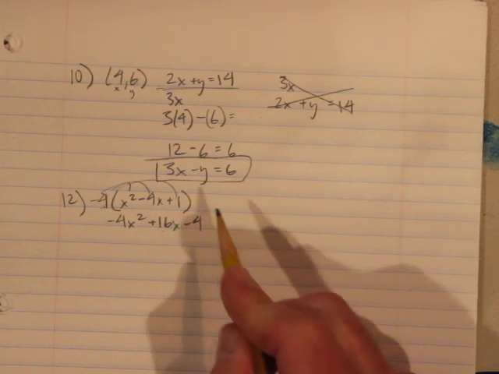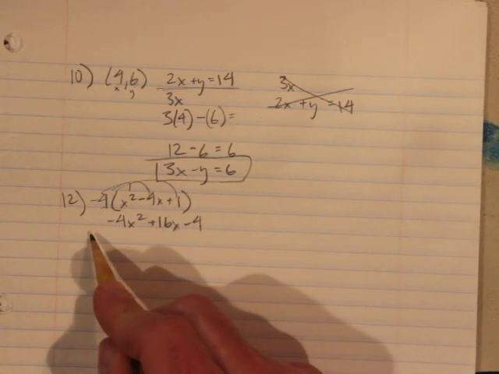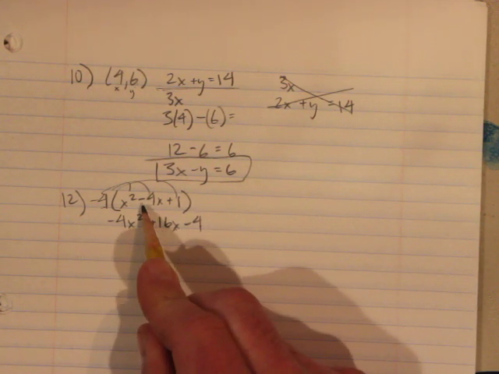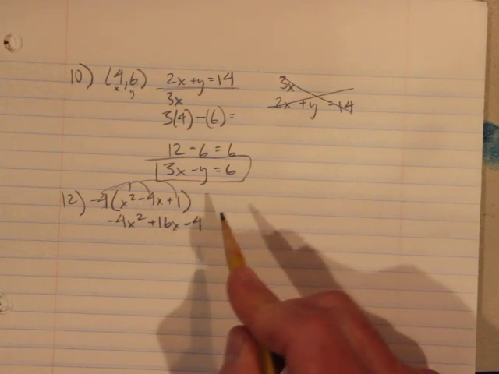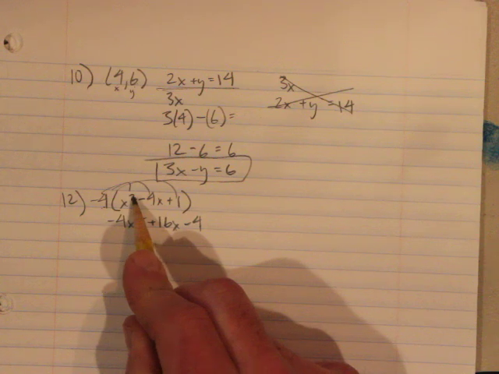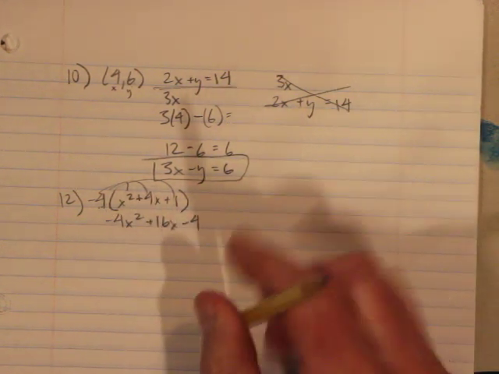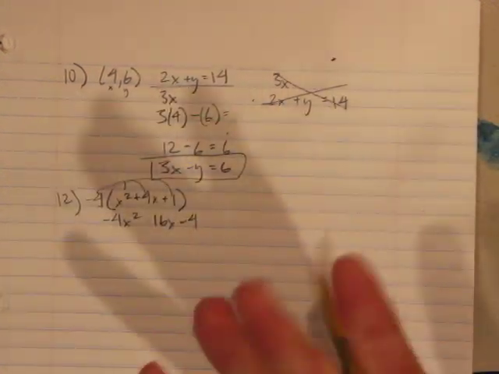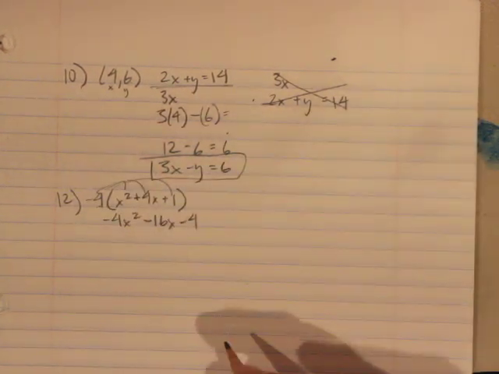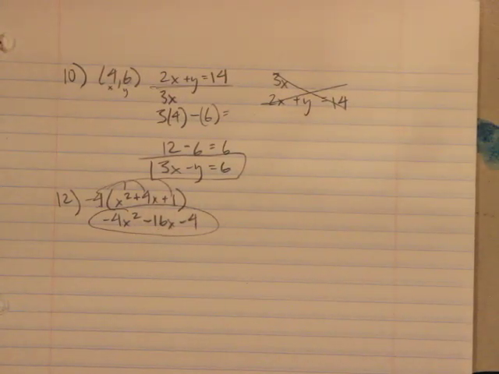Negative 4 times positive 1 is negative 4. And that's it. Oh wait, did I write this wrong? Oh, I wrote the question wrong. Let me fix it. The question in the book is x squared plus 4x. Negative 4 times positive 4 is negative 16. So I wrote the problem down incorrectly, but there is the correct answer now.